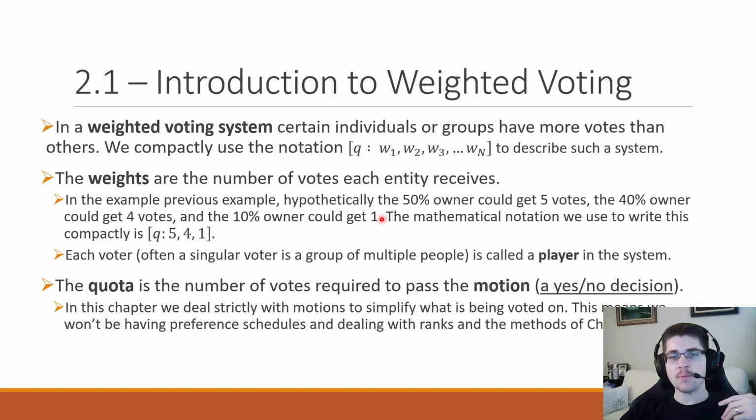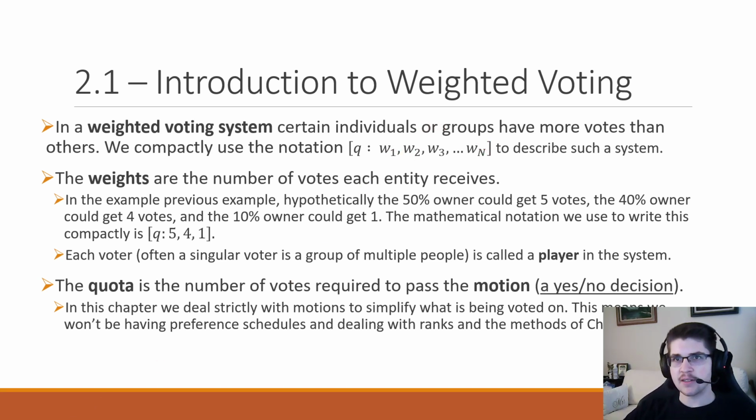We represent these situations using what we call weighted voting system notation. It's something that you'll see a lot in the homework in the book, and it's a way of describing the entire system as a whole, which is set up using brackets. In brackets, you're going to encounter a number followed by a colon, followed by a bunch of other numbers, where the weights are listed after the colon.